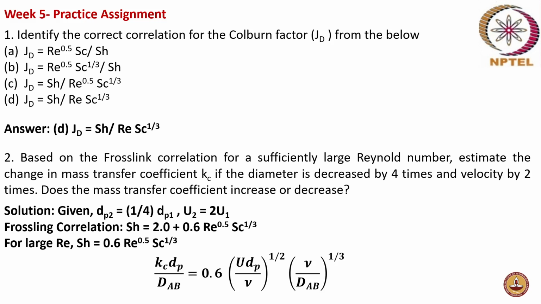And your Schmidt number is nu by dAB, where nu is the kinematic viscosity, or momentum diffusivity, divided by mass diffusivity, that is dAB, power 1 by 3.